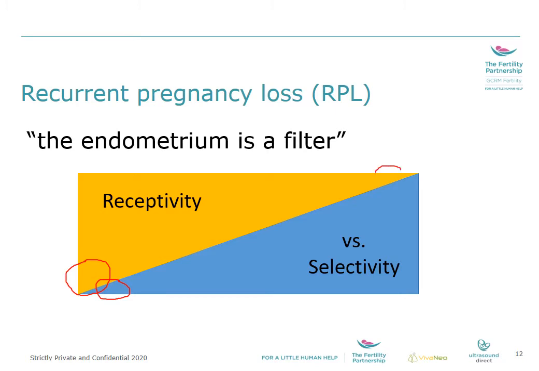At this end here, we've got endometrium that's not very receptive, but highly selective. So the embryo has to be fantastically good quality in order to implant. And what we want is something in the middle here, where you've got pretty receptive endometrium, also very selective. That's the ideal scenario. Unfortunately, we don't have a test to determine that kind of scenario.